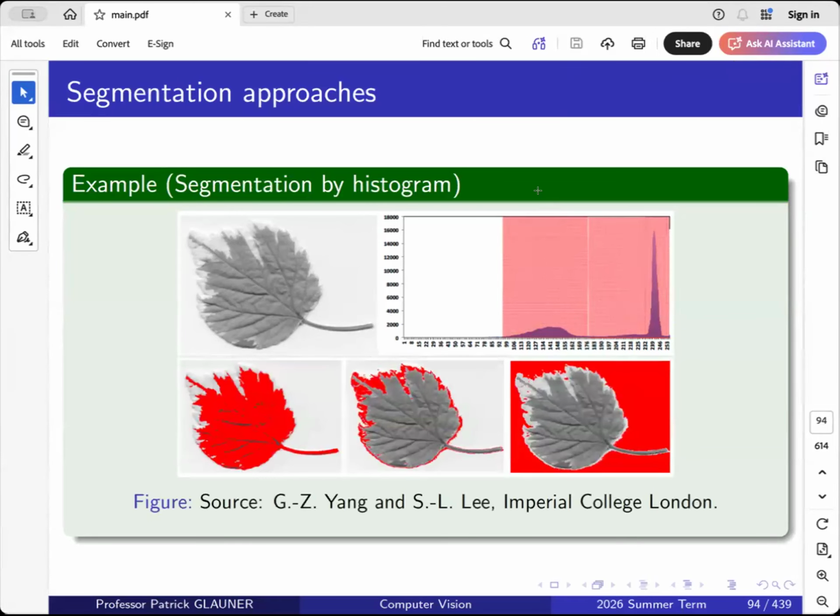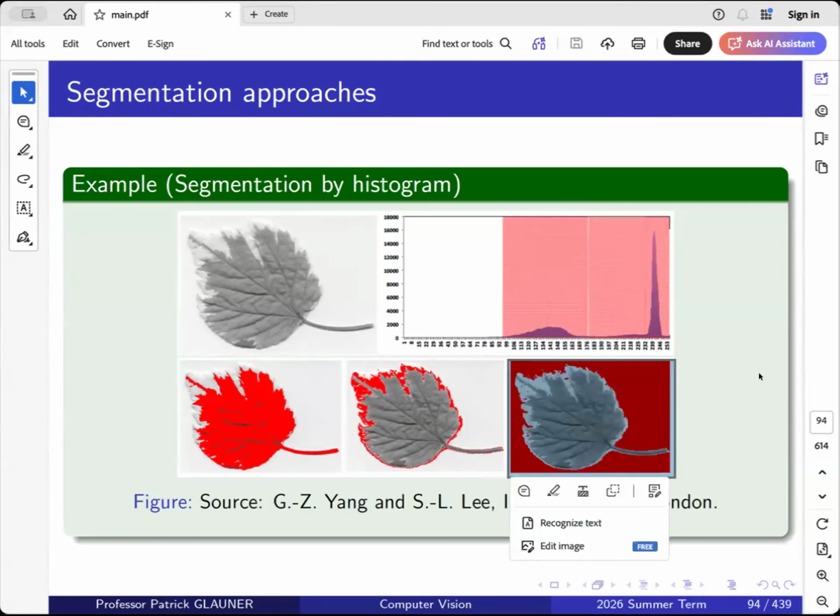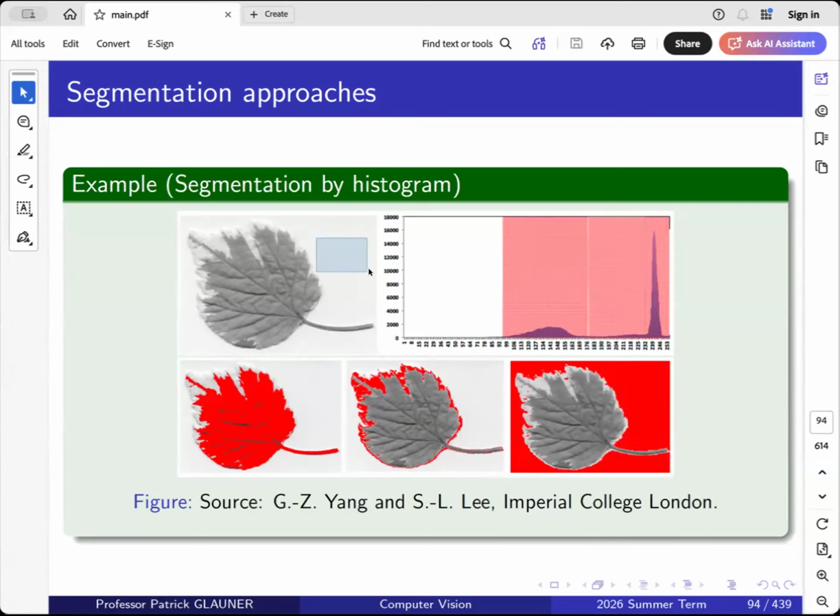And what we can do then is we can try to use this histogram to build different segments. So what we could want here is, for example, we could try to split the leaf from everything else. Like we want to get to this solution here. Here we would see that the background is very bright, but the pixels of the edge of the leaf are not that bright.